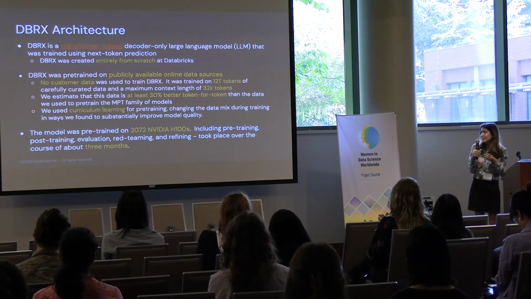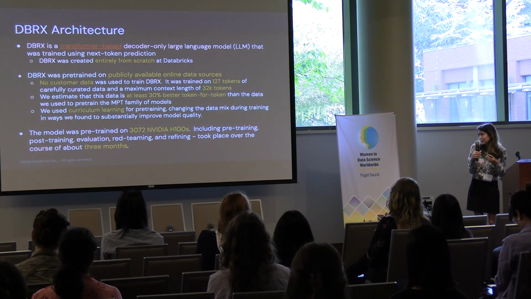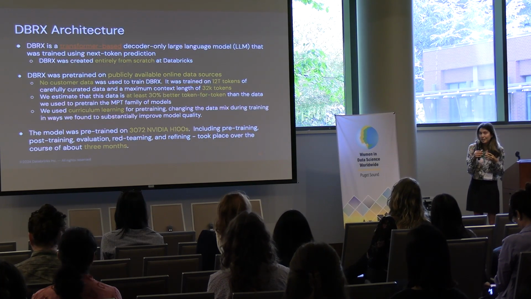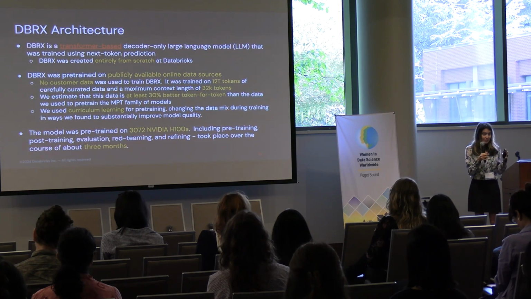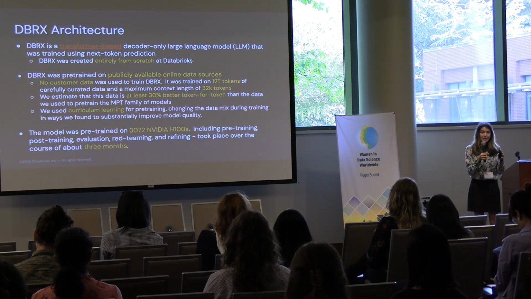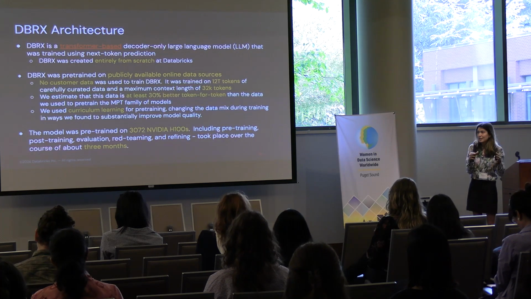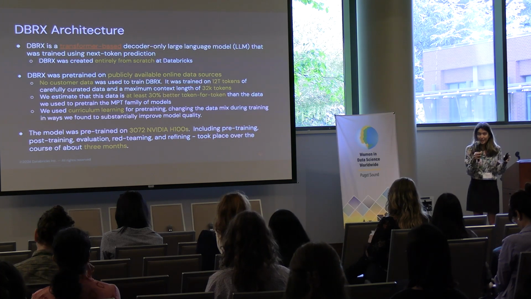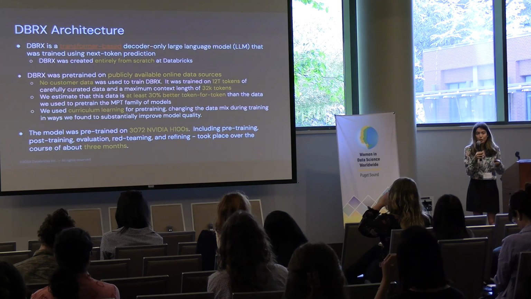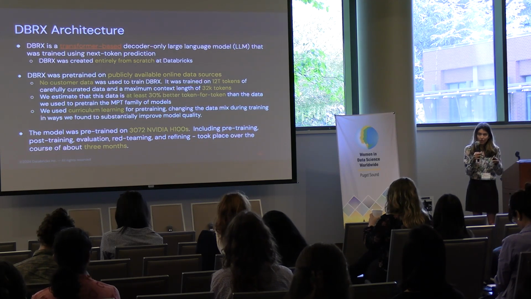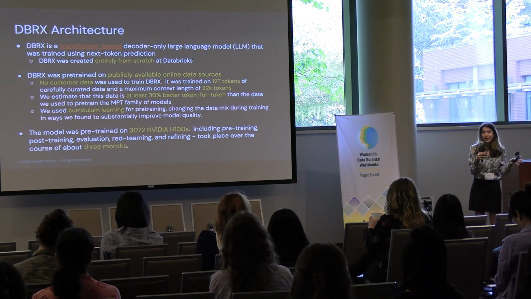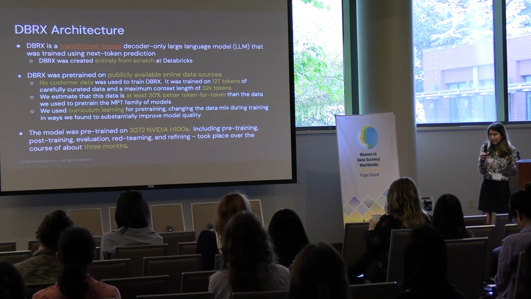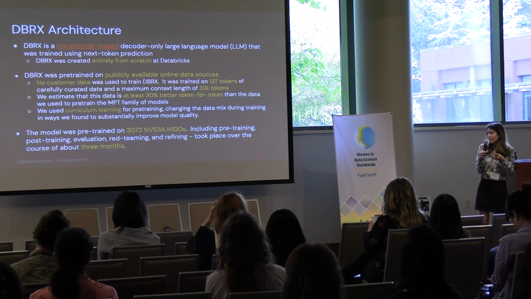Something that might be interesting to this crowd is that we used curriculum learning for pre-training, which, I don't know if it's totally based in optimization theory, but basically as you train it, you start out with basic text and you evolve it to be more and more complicated. So you add in code and math towards the end of training after you've learned English and a lot of basic representations.